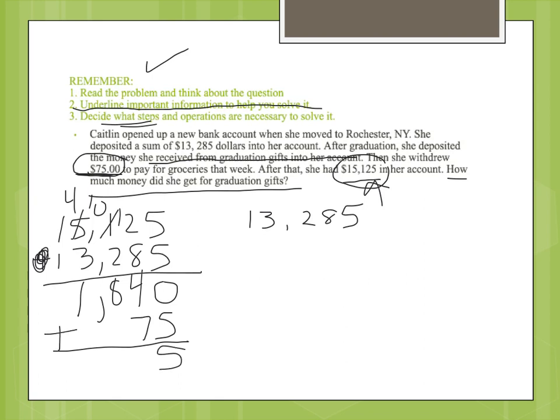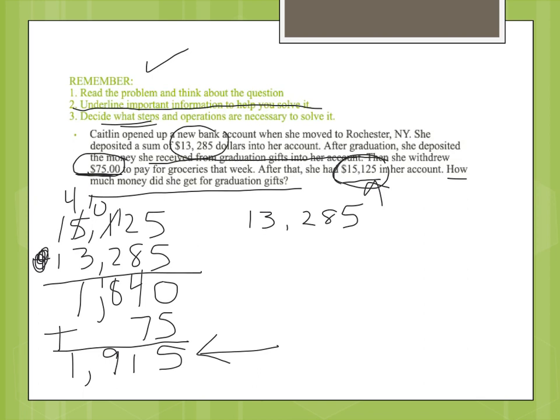So we have 5, and we have 11, we have 9, and we have 1. So for her graduation, boy, what a lucky girl, she received a total of $1,915.